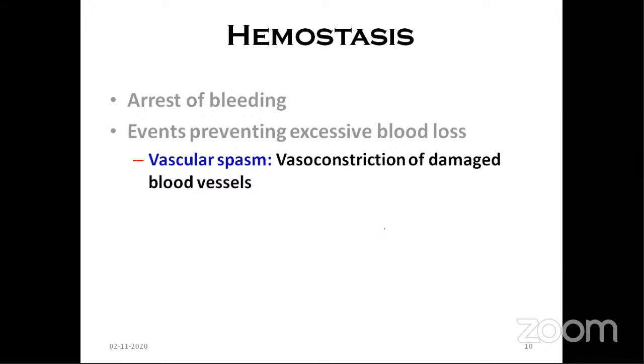That means by spasmodic contraction, vasoconstriction takes place. The damaged blood vessels constrict, they contract, so as to make the rupture narrow, so that excessive loss of blood does not occur. So reflex vasoconstriction of damaged blood vessels to reduce or completely stop the loss of blood is called vascular spasm.